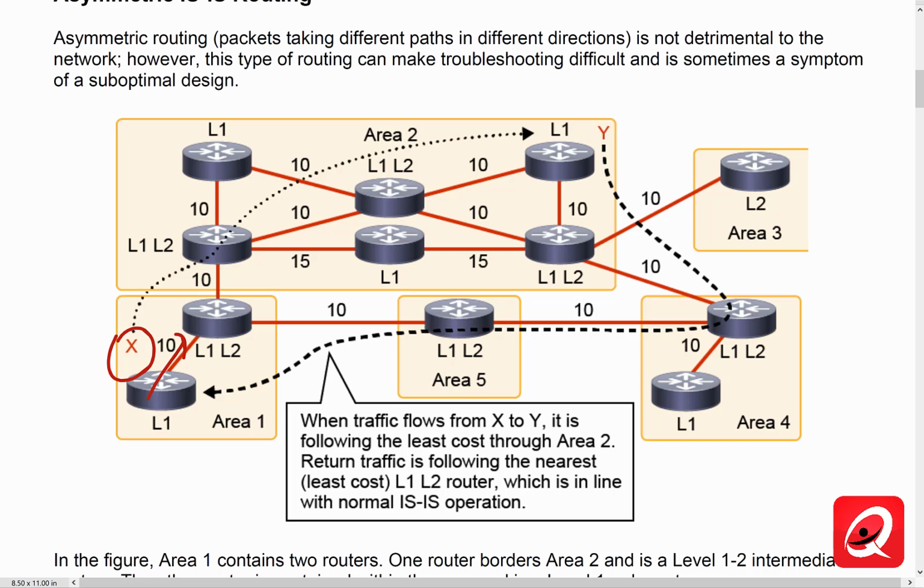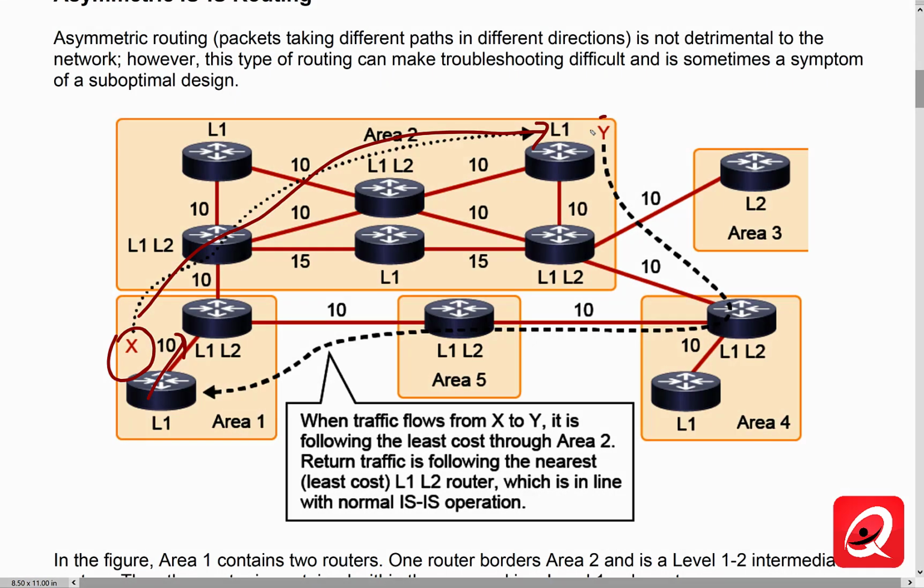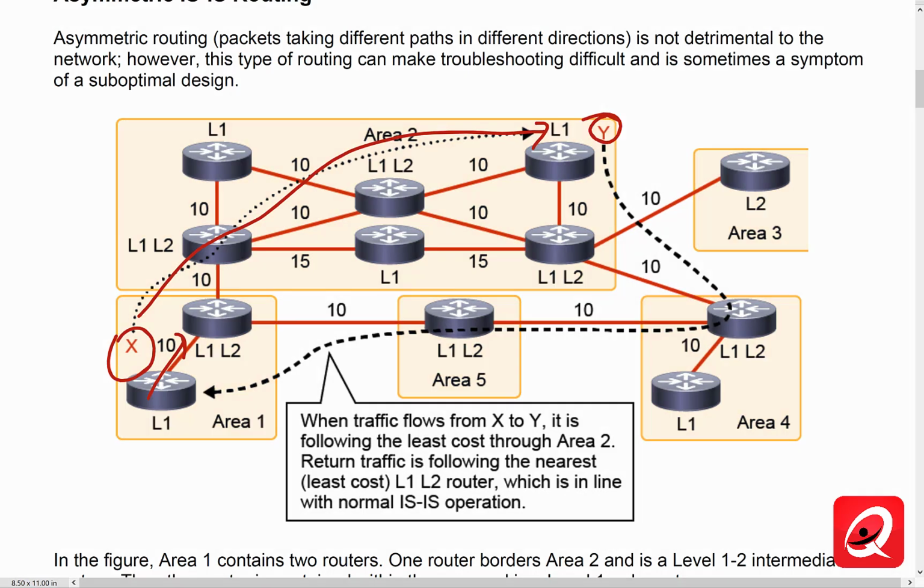And then that traffic flows into area 2. It's routed along that shortest path using the intra-area path to router Y. So that's this path that they've documented here. Okay. Router Y routes the return packets to router X via its closest level 1-2 router, which would be here.